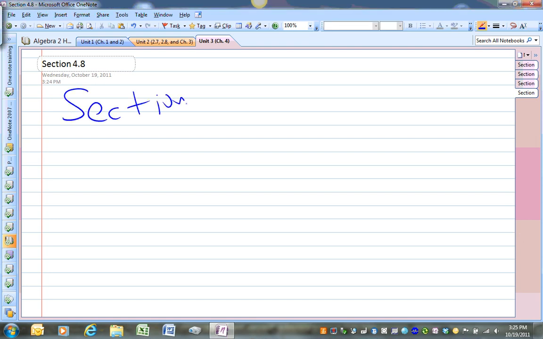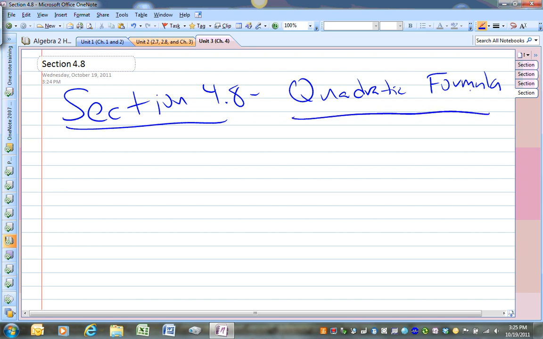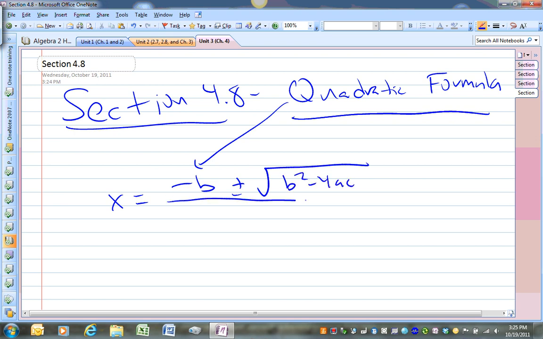Section 4.8 is something you probably did in middle school. It's on the quadratic formula. Here is the quadratic formula: x equals negative b plus or minus the square root of b squared minus 4ac, all over 2a.